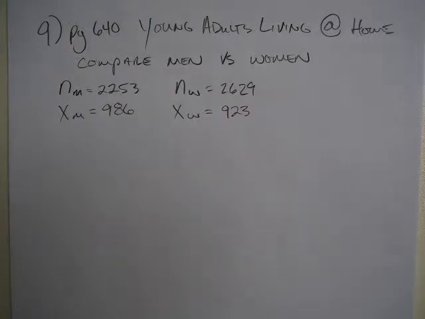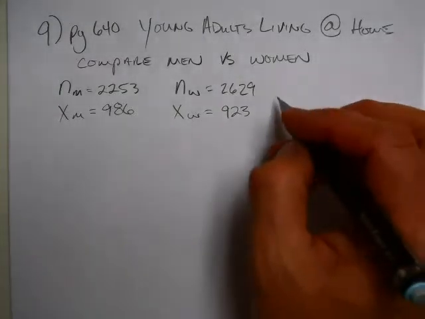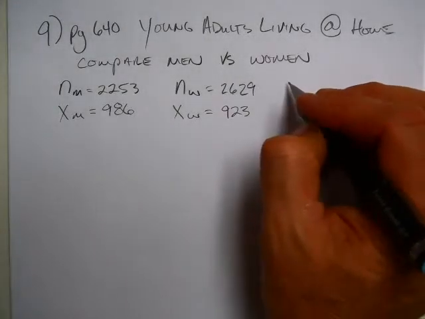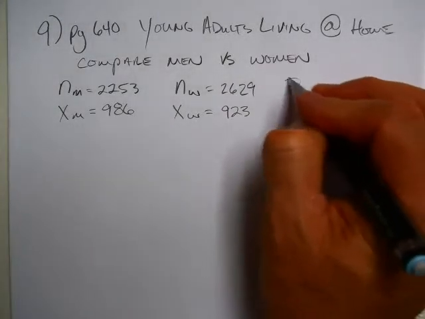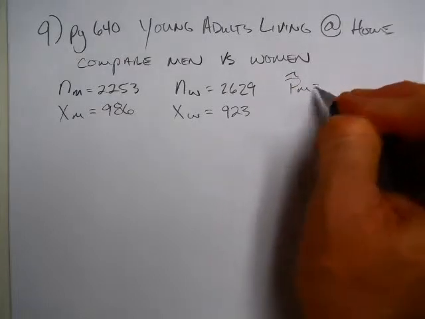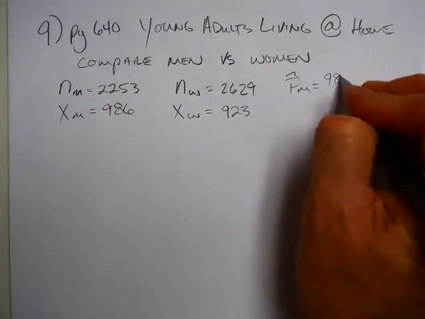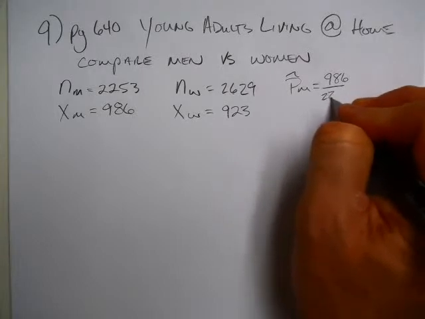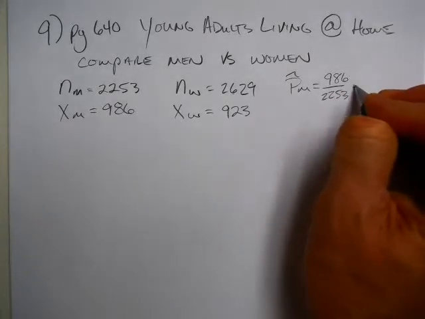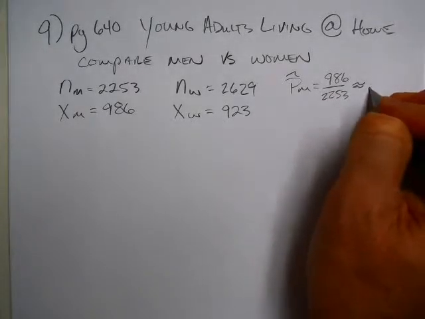I'm going to have to do conditions, but to do that I'm going to need the p-values, but I don't really have p-values. I don't have the population proportions. So when I say p-value, I'm actually using that improperly, but I need p-hat. So p hat men is going to be 986 out of 2253, which is about 44%.